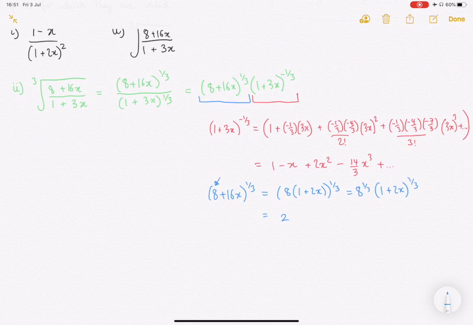That is 2, it's the cube root of 8. So this is 2 lots of 1 plus 2x to the power of positive a third. So now we can apply our general binomial expansion.